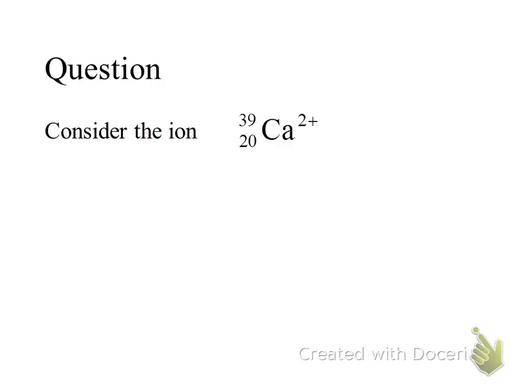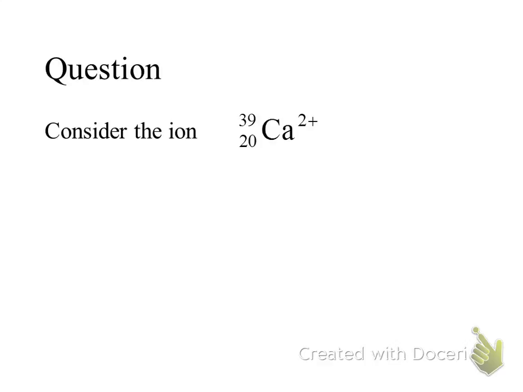Okay, so let's do one. Again, we're going to talk about this later, but if you find calcium on the periodic table, it's in the second column, and it's just itching to lose 2 electrons. So that's what's happened here.